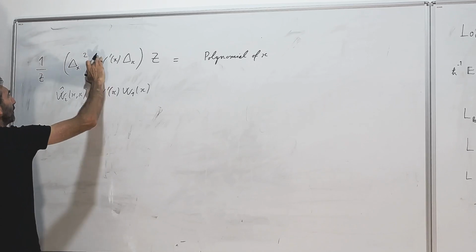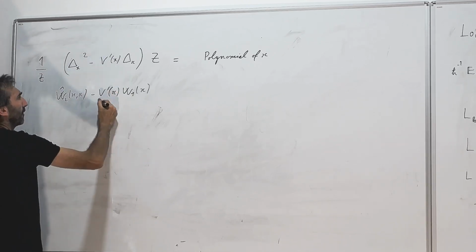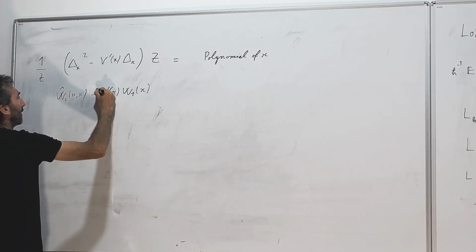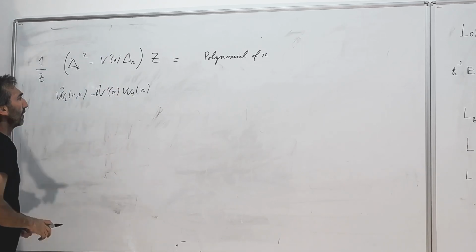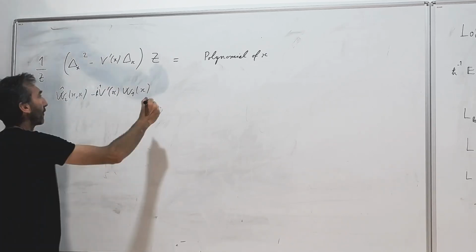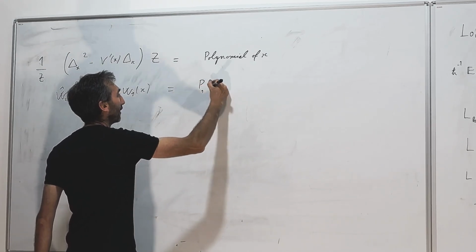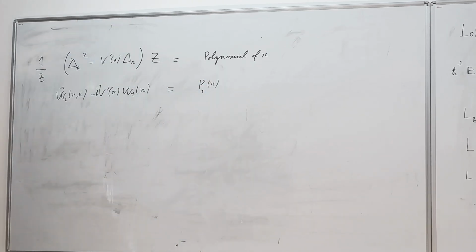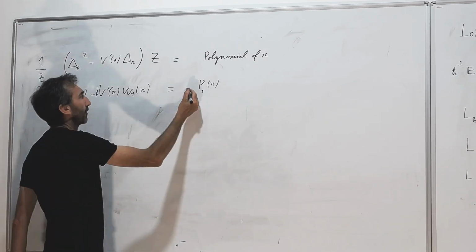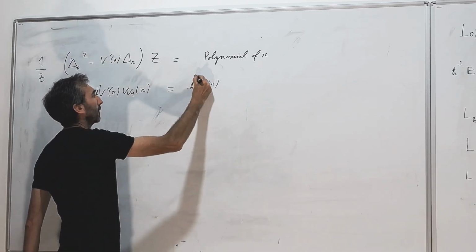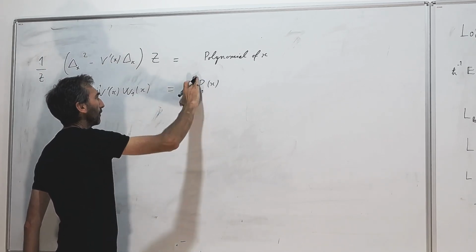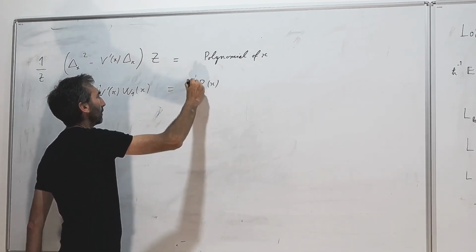No, the definition of h bar was in the delta. Well, basically, and it's going to be our P1 of x minus P1 of x. No, there is no h bar minus 1. Yes, there is an h bar minus 1.